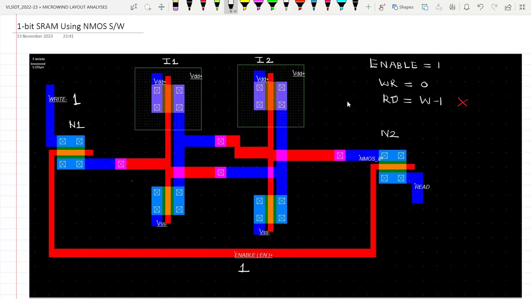The drain of N1 receives a 1. NMOS transmits 1 as weak 1. Weak 1 is applied to the input of inverter I1. It converts weak 1 into a strong 0. Strong 0 gets applied to the input of inverter I2 and it converts it into a strong 1.